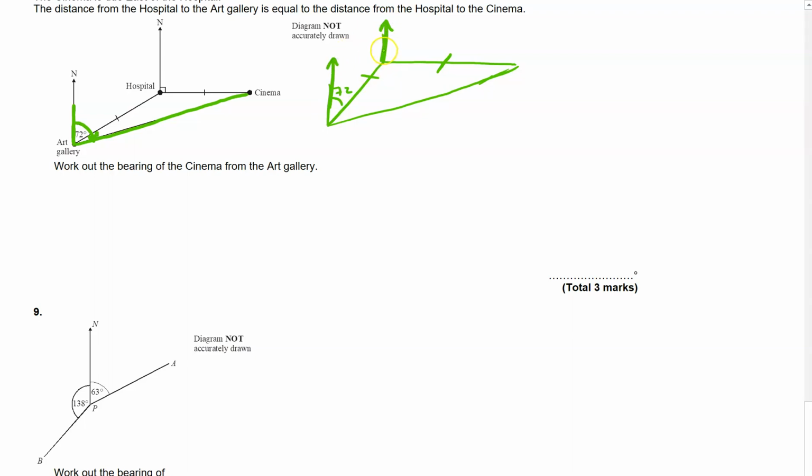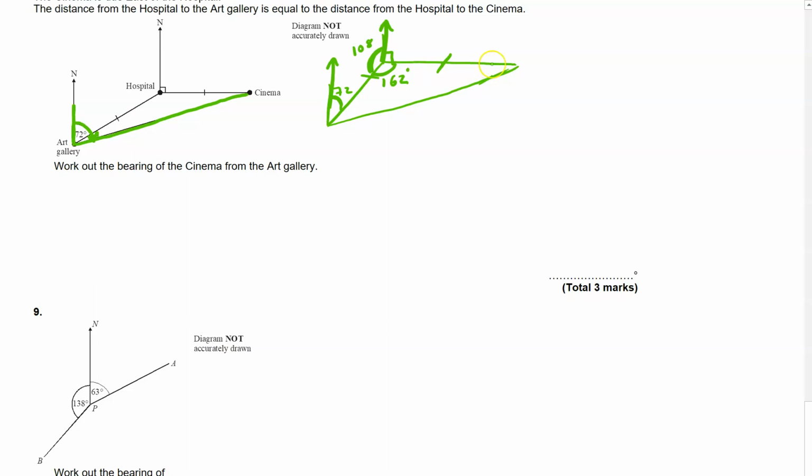And then you can say that this one and the 72 should add up to 180 because they are interior angles. So that's going to make that 108. That bit there is 90, and it's got to go to 360 to be all the way around. So I've got 198. So that's going to give me 162.